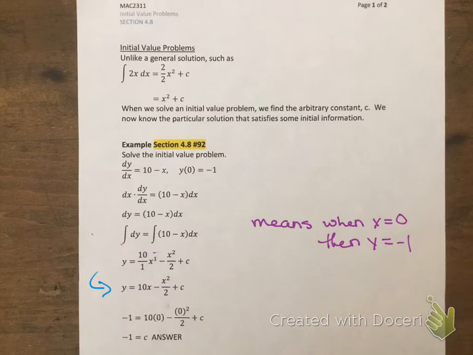Please remember that this information means when x is 0, then y is -1. So I literally am going to plug in 0 for every x, -1 for y, and solve for c.